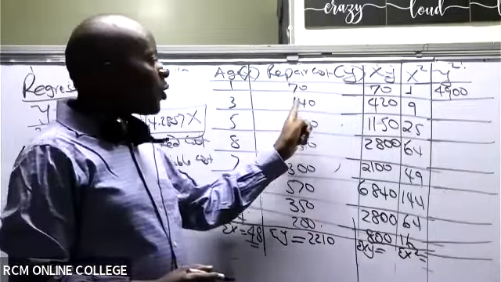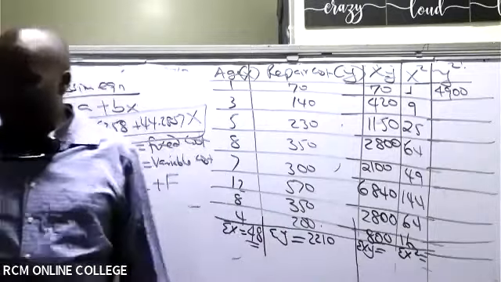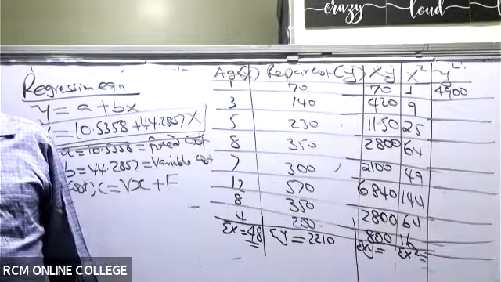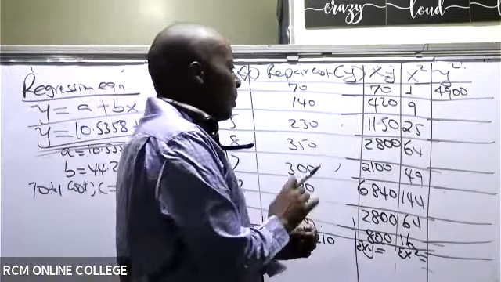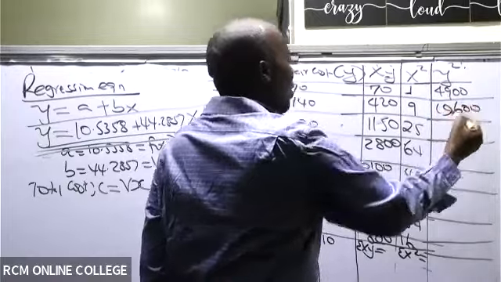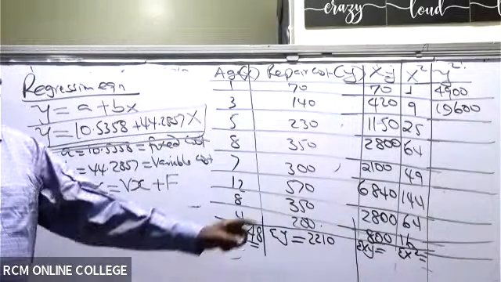So then 140 squared gives me what here? 140 squared, 19,600. 140 squared is the same as 140 times 140. So I'm being given a figure of 19,600.